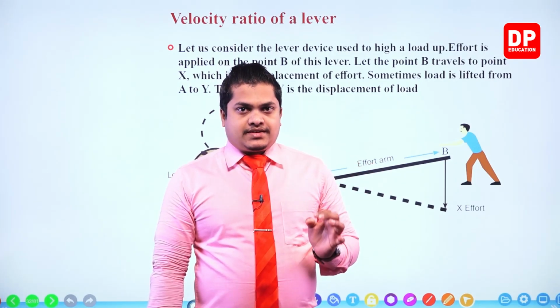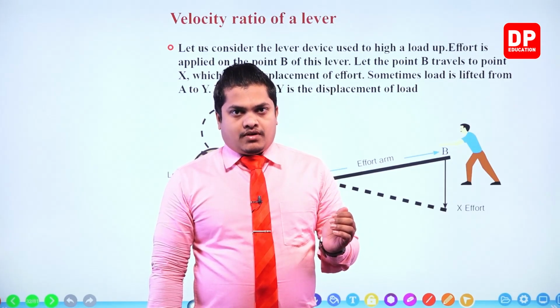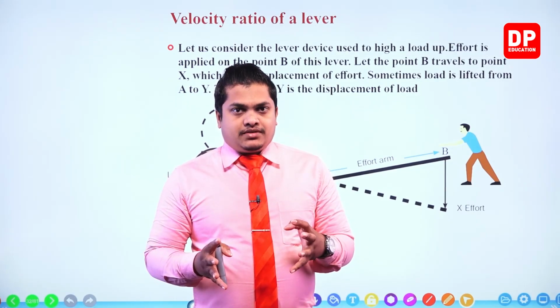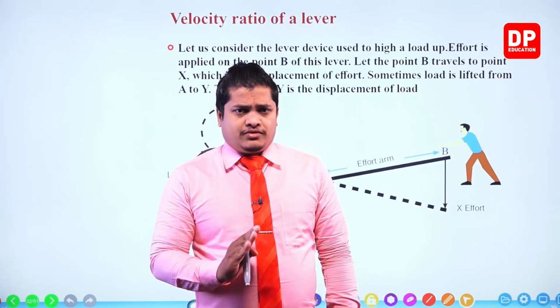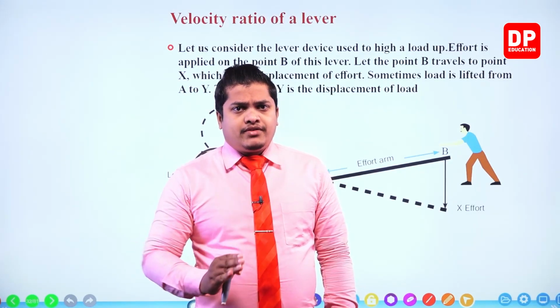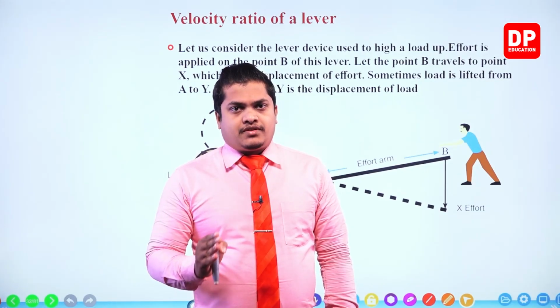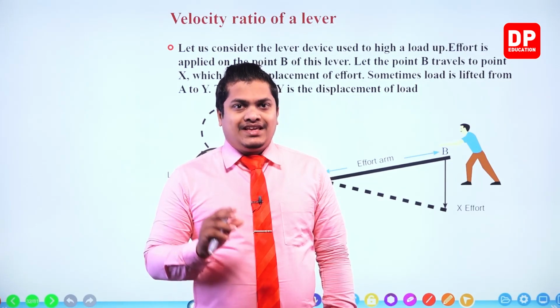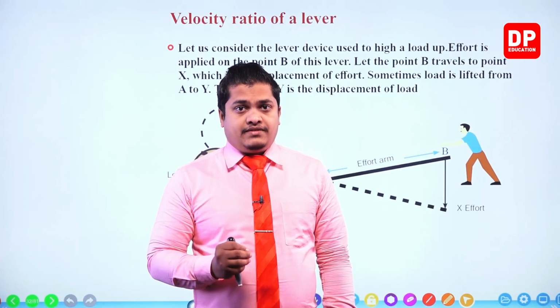We discussed that these orders are created mainly because of the displacement, or in simple words, the change in the positions of load, effort and the fulcrum. According to the positions of the load, fulcrum and the effort, we can clearly identify the three categories, classes or orders of levers.